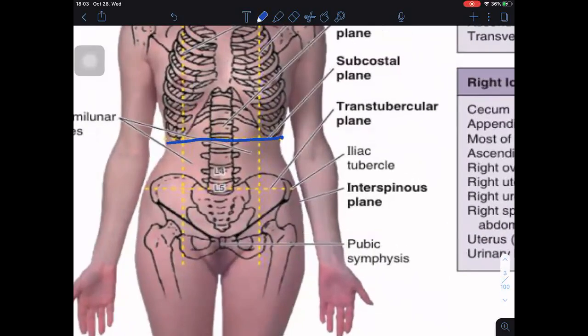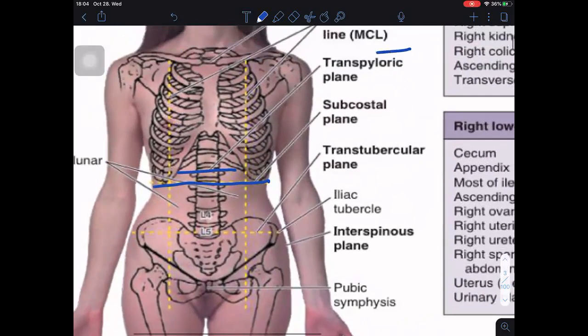You can use another plane which is located at the level of the L1 vertebra, another horizontal plane, instead of the subcostal. This plane is called the transpyloric plane, because if you have the esophagus over here, then you have the stomach. So the terminal part of the stomach, let me bring it down. Here's a transpyloric plane.